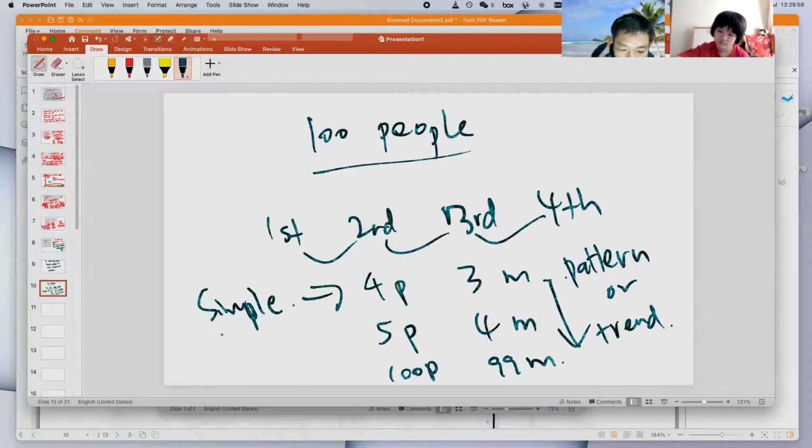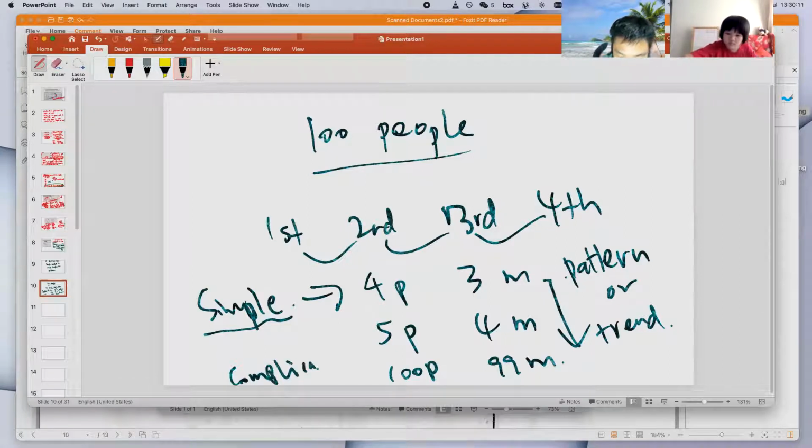Then the 100 people, 99 meters is called a complicated problem. So I look at simple numbers to solve complicated problem. So this is the strategy.